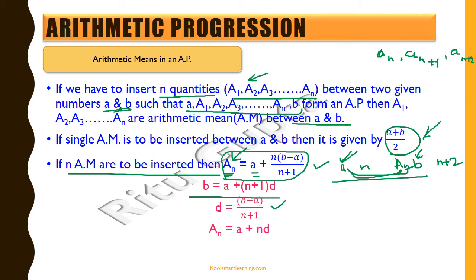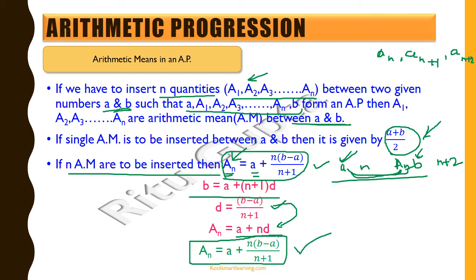So AN becomes A plus n into D. So we put this value of D here, and we get AN is equal to A plus n into (B minus A) divided by (n plus 1). Using this formula, we can find out all the arithmetic means that have to be inserted between A and B.